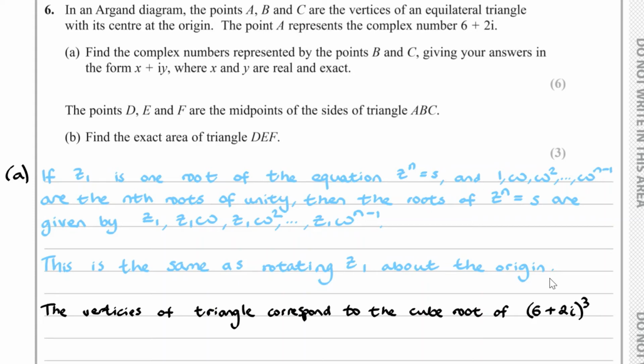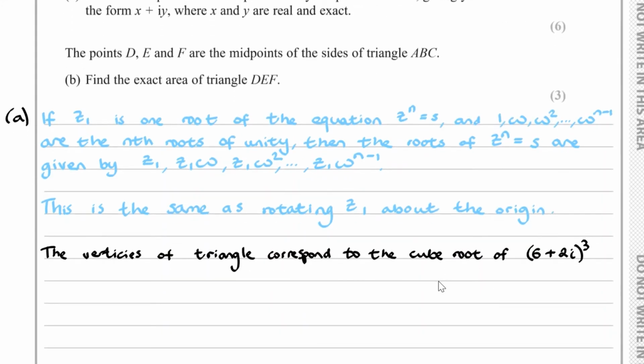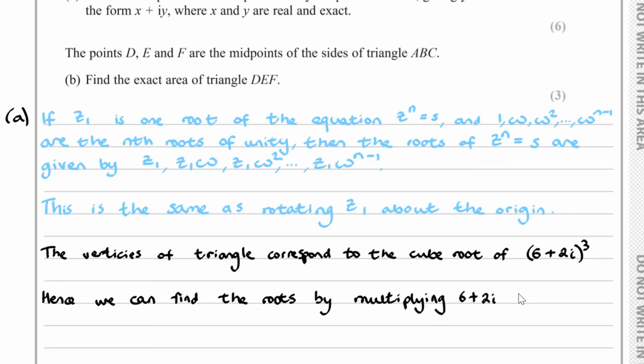And essentially, going back to what we have over here, we can find those cube roots by multiplying 6 plus 2i by the cube roots of unity. Okay, so let's just write that down. Hence, we can find the roots by multiplying 6 plus 2i by the cube roots of unity.